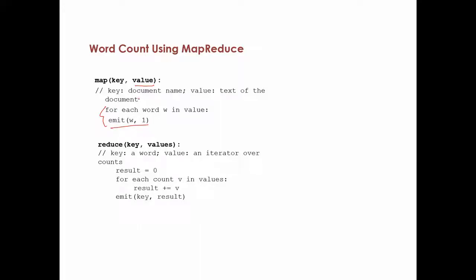That is the mapper logic. The reducer logic initializes the count to 0, and then for each count which is value in values, you just add the value and emit key comma result. Result stores the final total value.